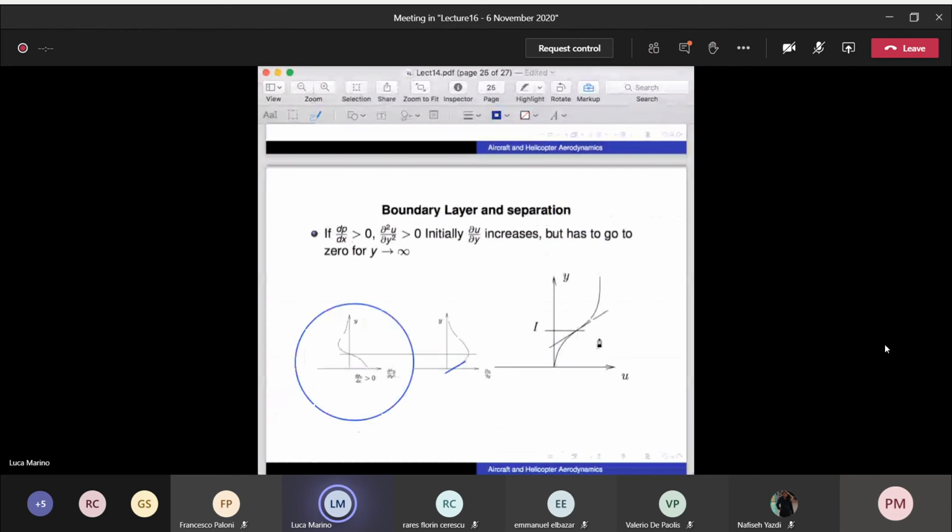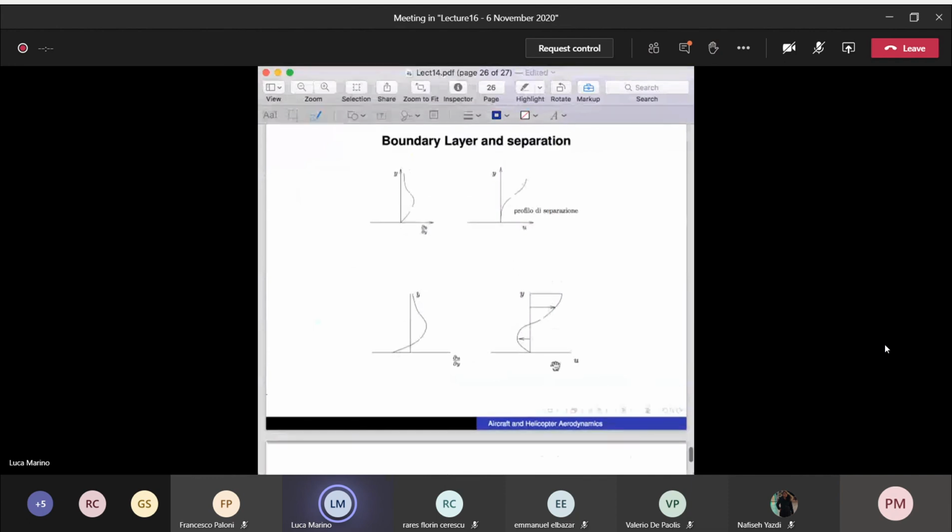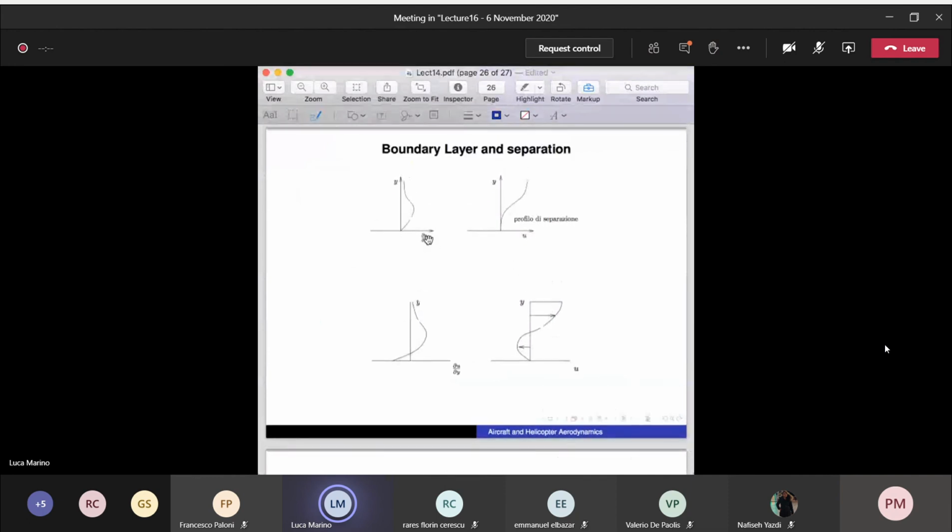As far as you proceed, the adverse pressure gradient will reduce the value of the shear stress at the wall. There will be a particular value along the surface of the wing where the u over y, so the shear stress, will be equal to 0.